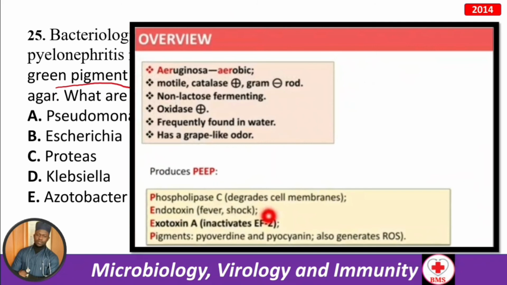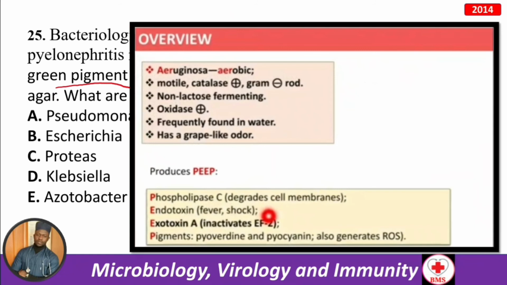Then it produces a grape-like odor, I told you. And then what about PEEP? It produces PEEP, so this PEEP is like virulence factors plus the last P is for pigment. Phospholipase C degrades cell membranes. There is an endotoxin, which is responsible for fever and shock.